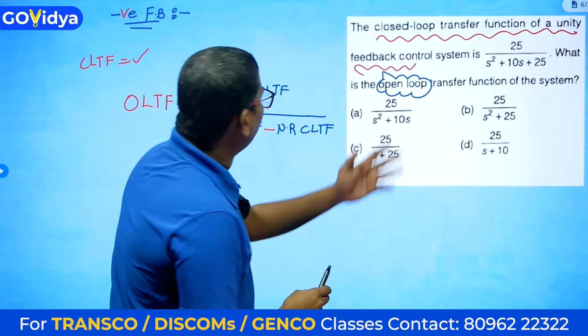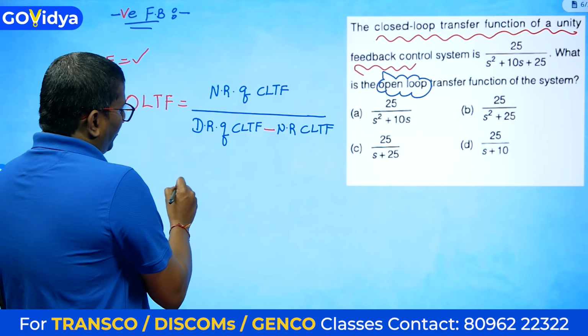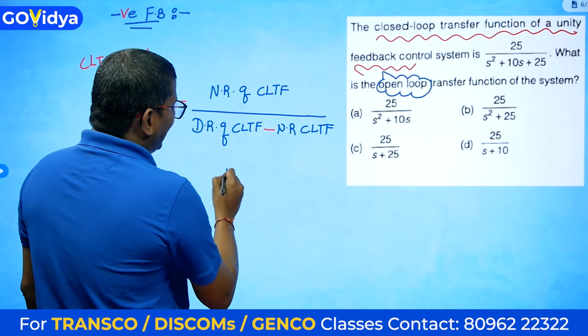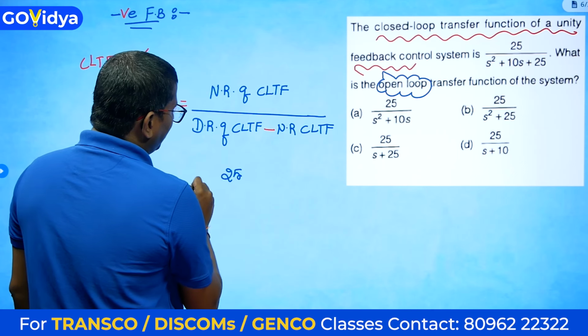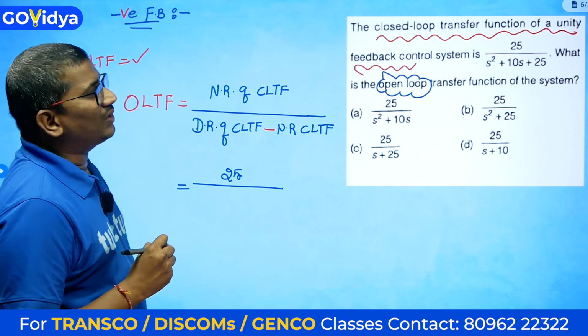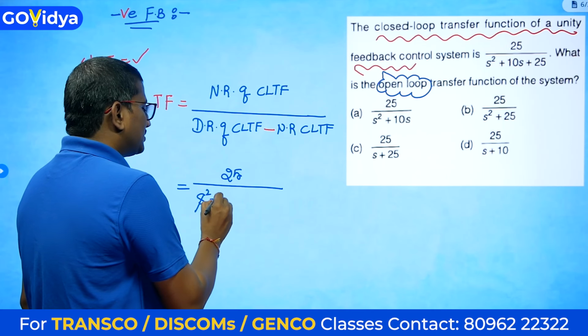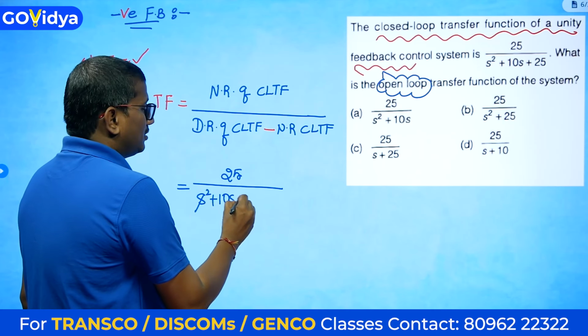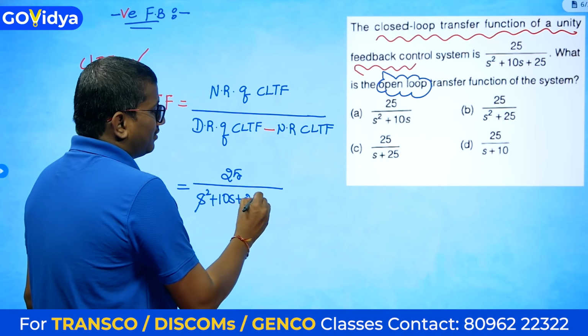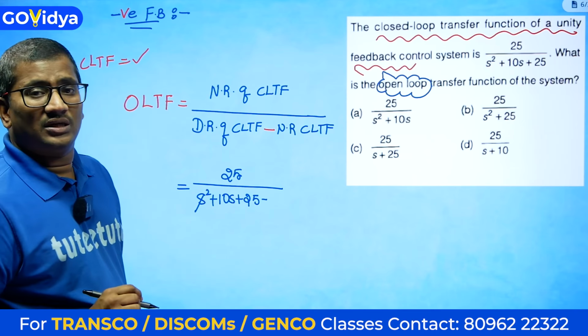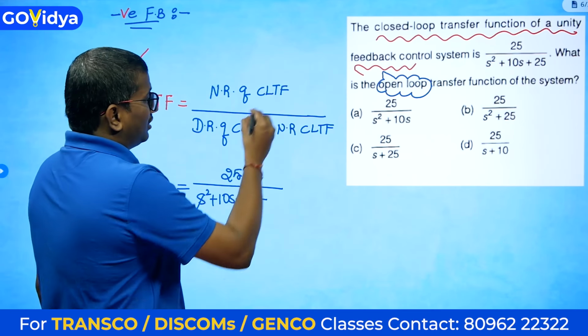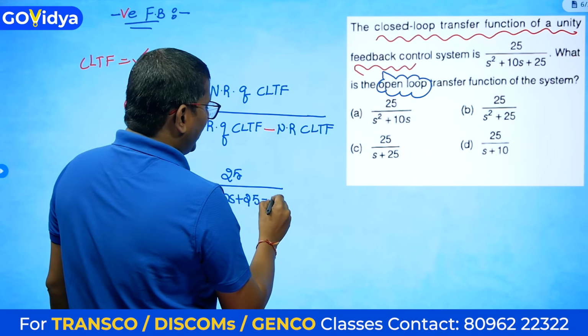That means simply I can write the open loop transfer function numerator as it is, and denominator is S square plus 10s plus 25 minus, yes, numerator. What is the numerator? 25.